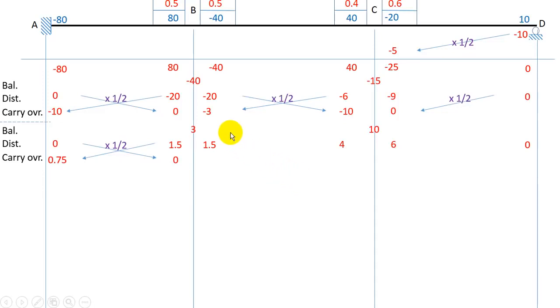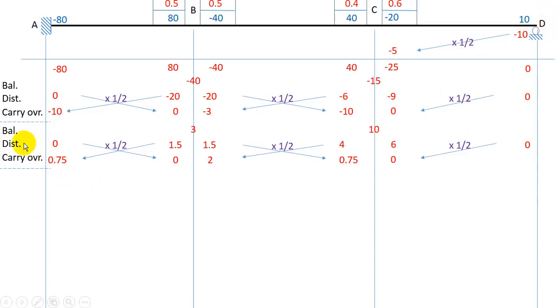I cannot carry over from B to D, or from C to A. So 1.5 becomes 0.75, and 4 becomes 2, 0, 0, 0. I won't carry 6 because I don't want to disturb my pin joint.